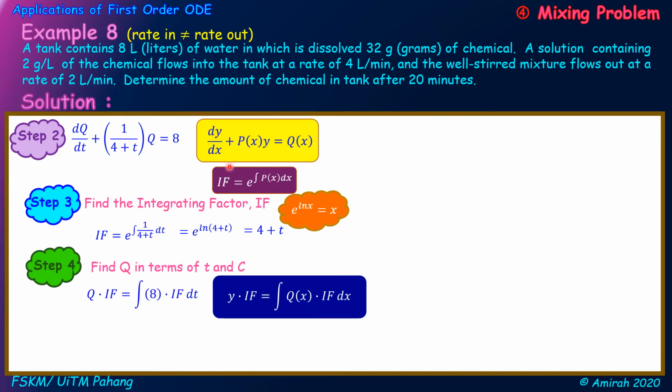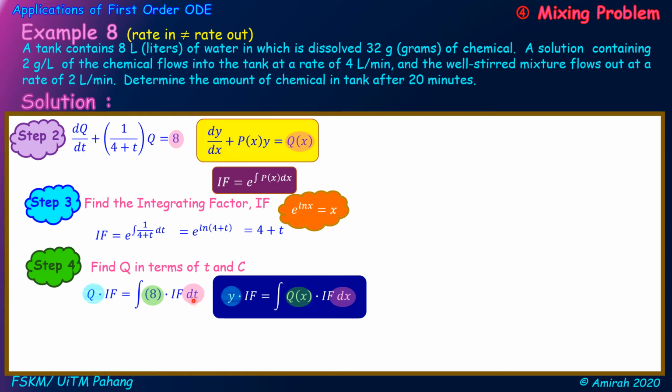In this case, variable y is actually Q, Q(x) is actually 8, and the variable dt is similar to dx.